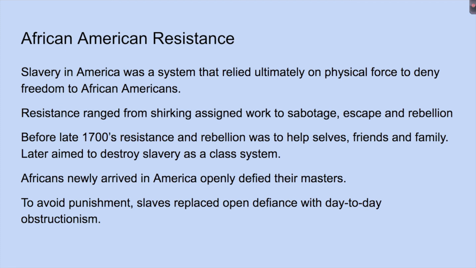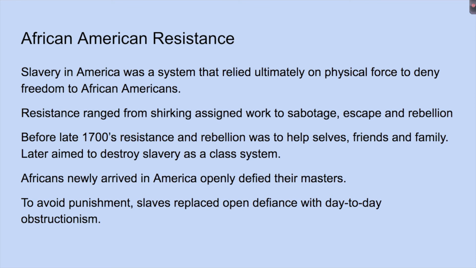Before the 1700s, when there was resistance and rebellion, it was usually for a slave to help themselves, their friends and family, and then later it became aimed at destroying slavery as a whole system. Newly arrived Africans would openly defy their masters. This usually was a reason why many slave owners preferred slaves that were seasoned.